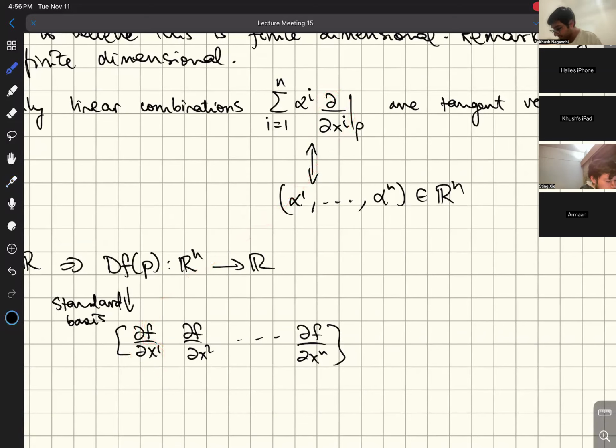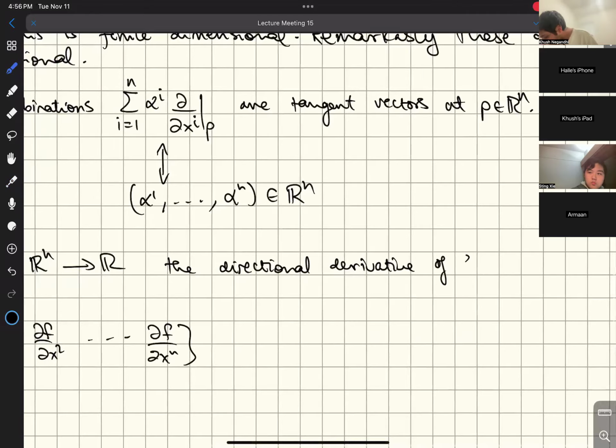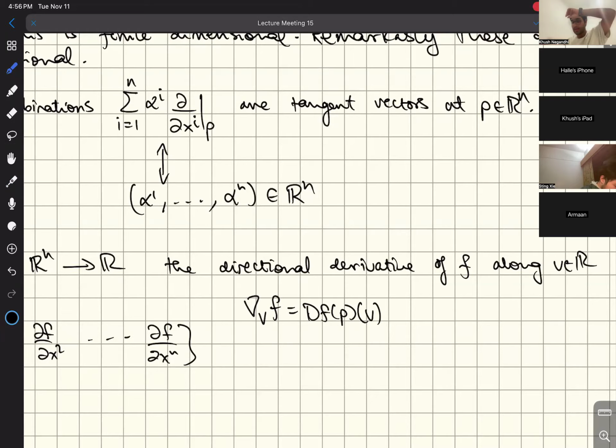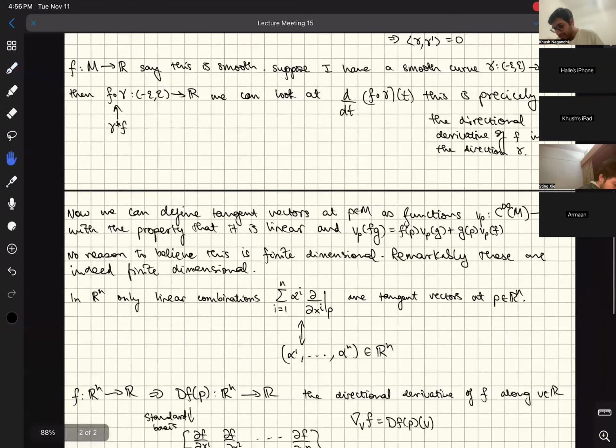Another thing to note is that the directional derivative of f along v, I guess some people write it like this, is defined to be df at p evaluated at v, which looks very similar to the definition we have up here. Okay.